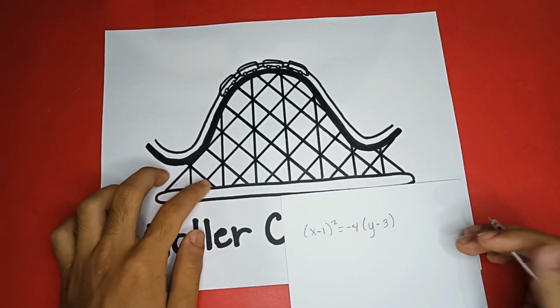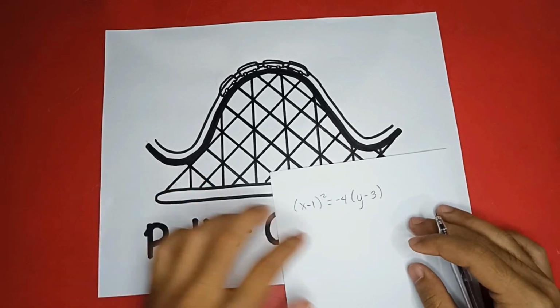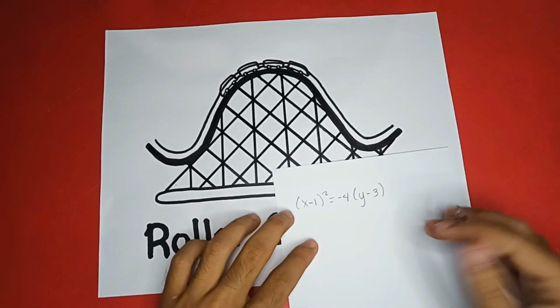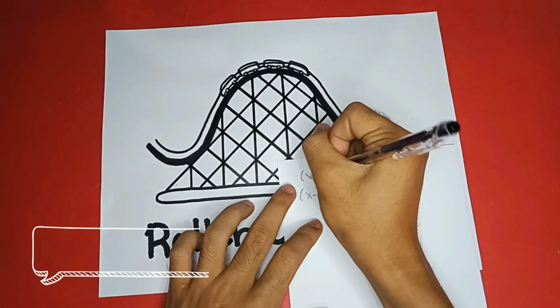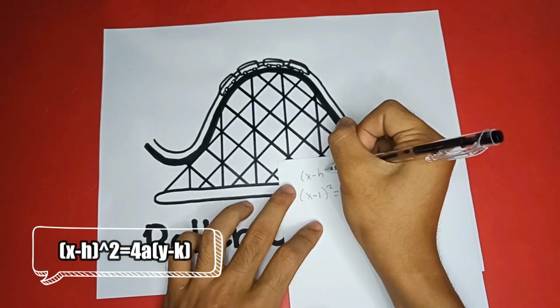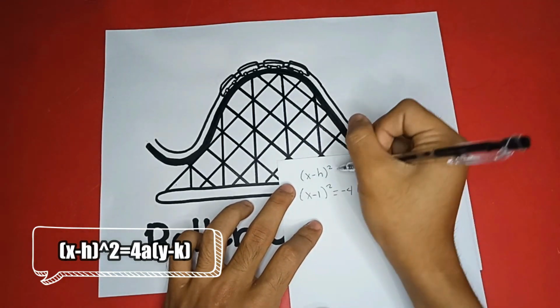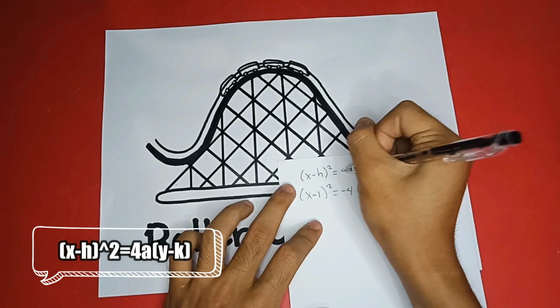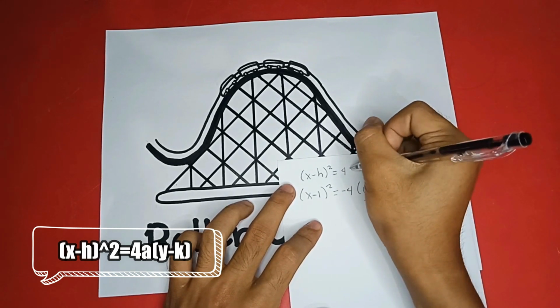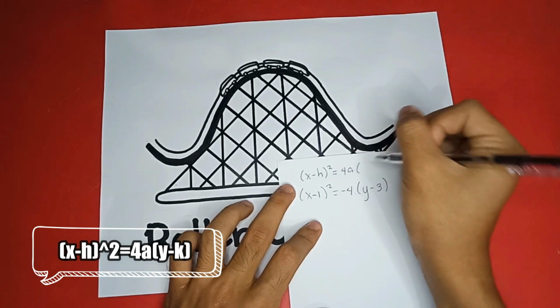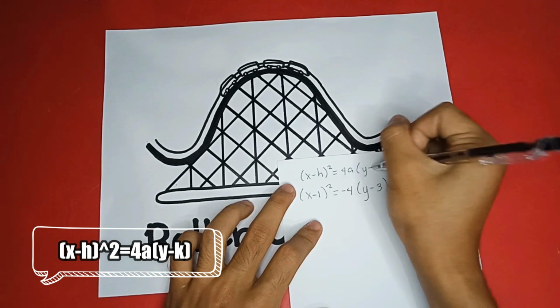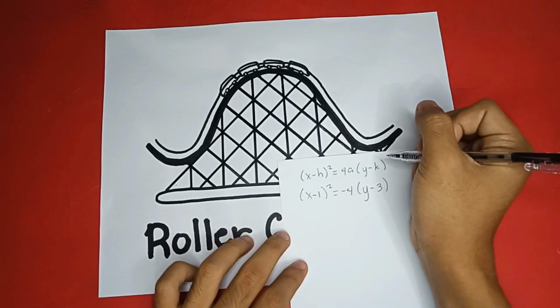Because it is open downward, we use the equation (x - h)^2 = -4a(y - k).